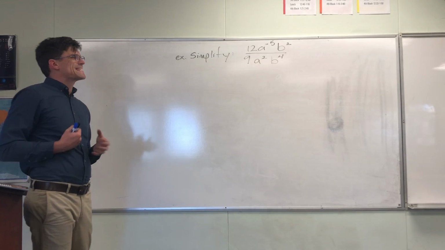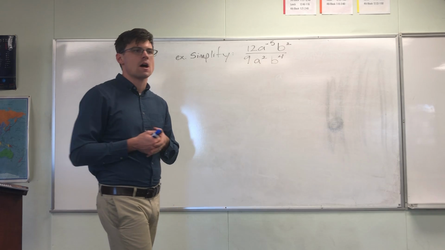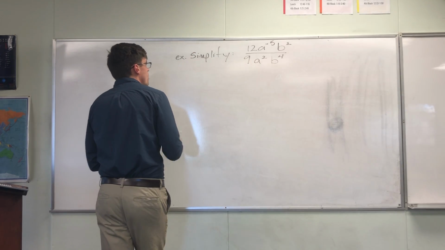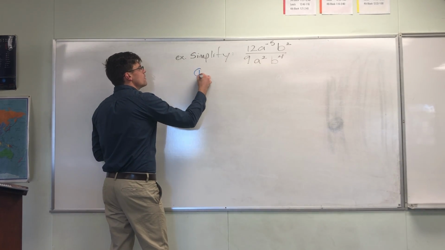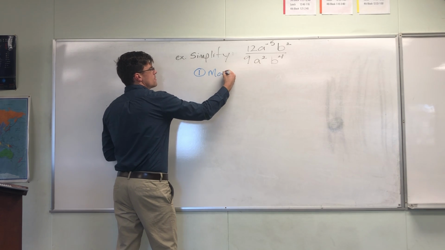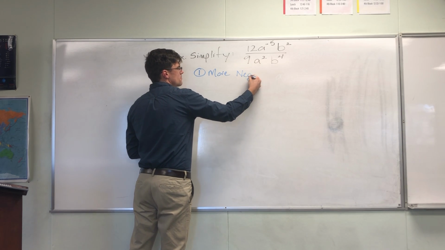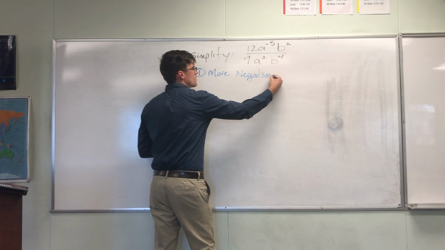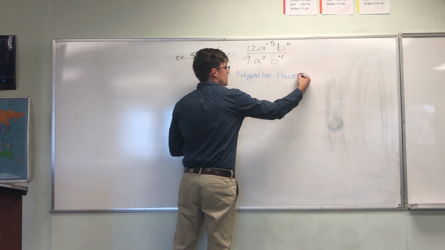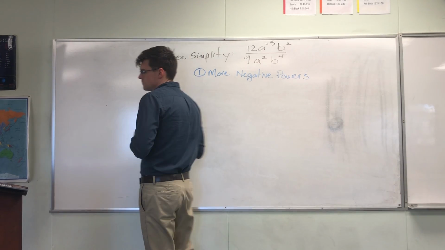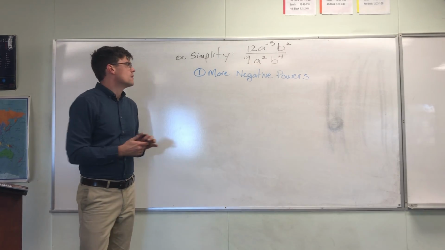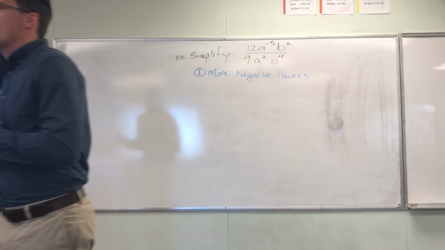I'm going to write this as a step-by-step process to help you guys out today. The first thing we want to do is move the negative powers. I've got a negative exponent involved in this expression.